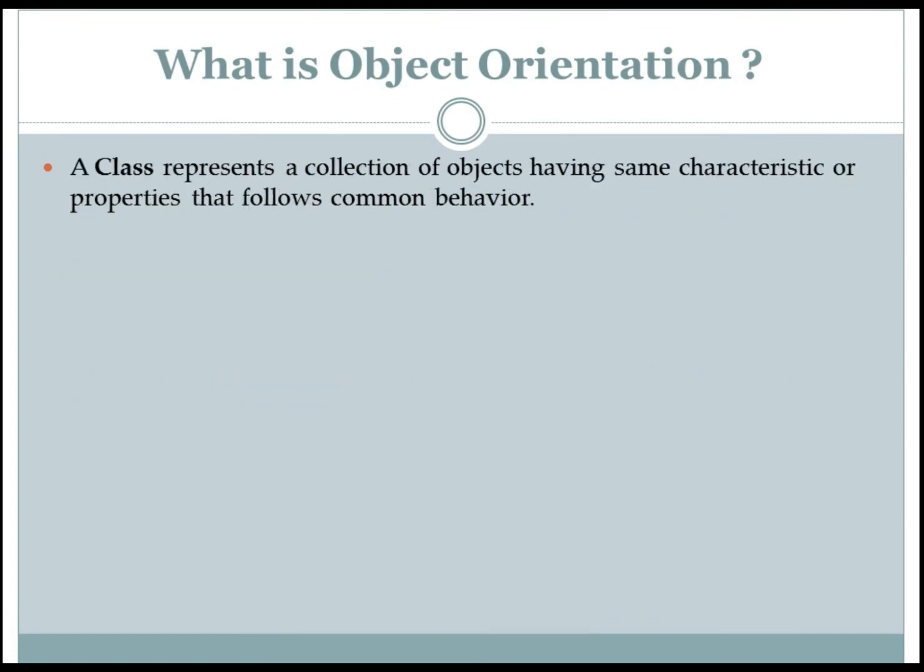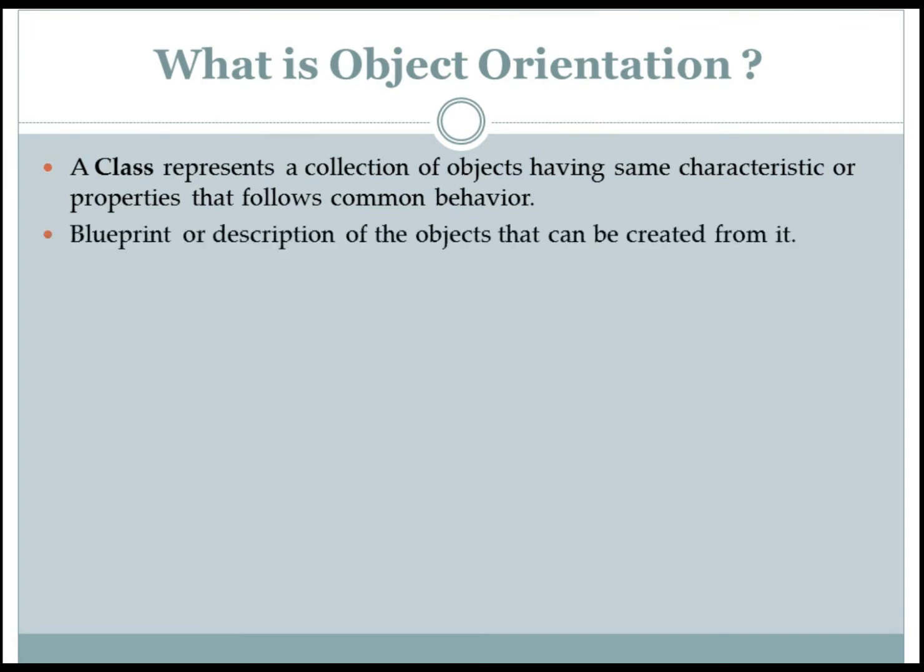Now in object orientation, another important aspect is class. A class is a collection of objects having the same characteristics or properties that follow common behavior. You students, I guess, are aware of this statement.